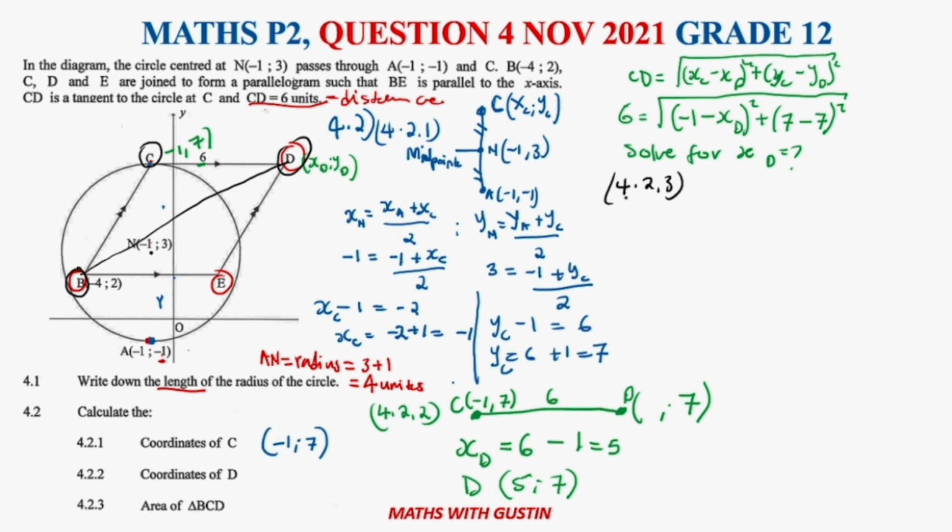So now with the area of a triangle, 4.2.3. We already know that with the area of a triangle you need this height here to get the area. The area of any triangle is given by half base times perpendicular height, which is going to be this perpendicular height here, and then our base will be this one.